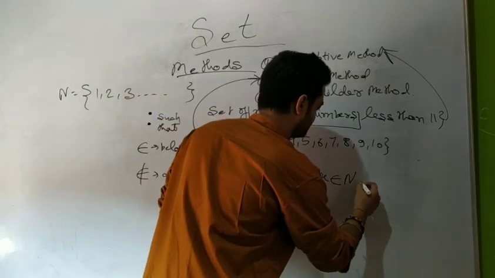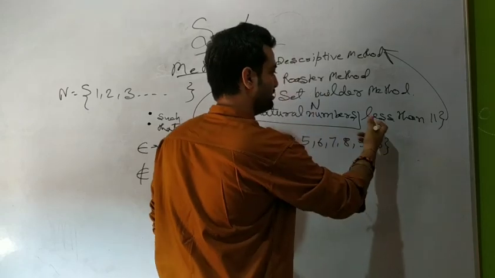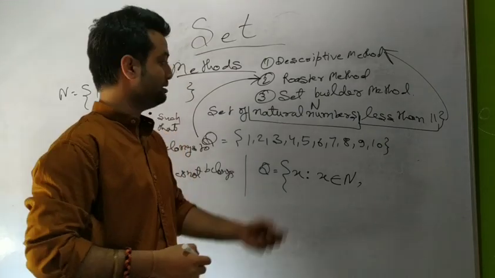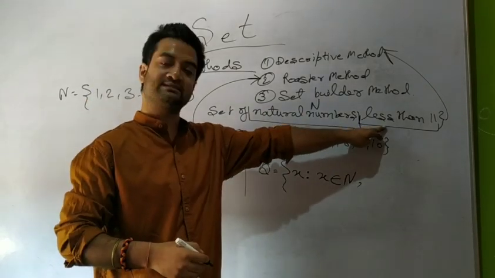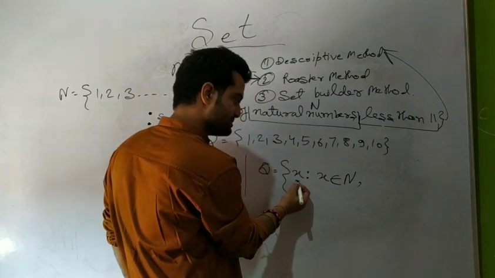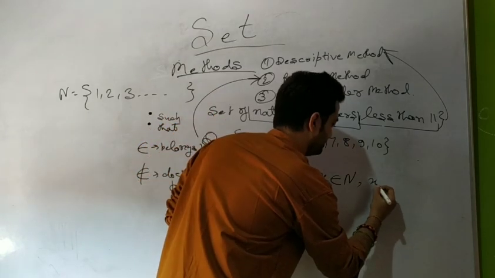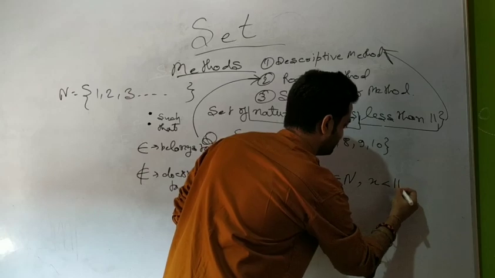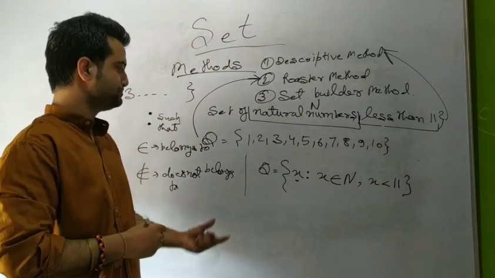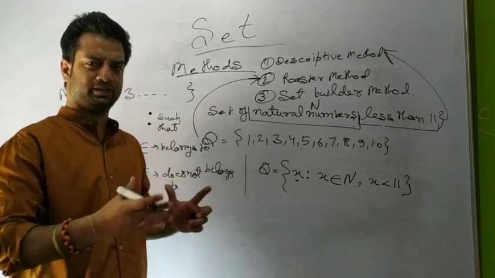The elements of this set must be less than 11. So x is less than 11. I know this is a bit tricky.